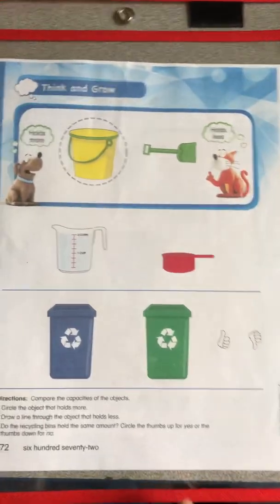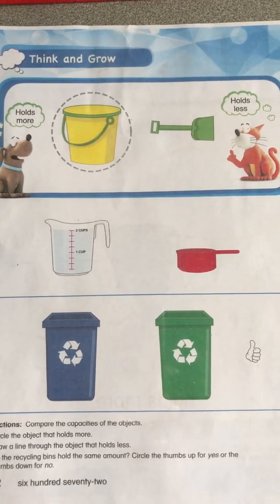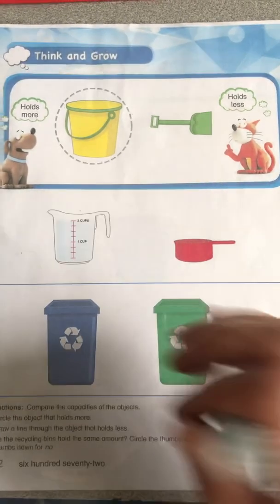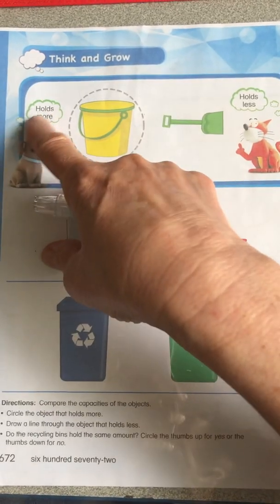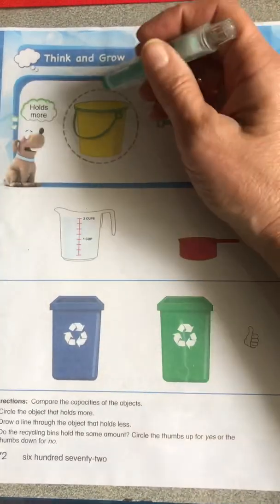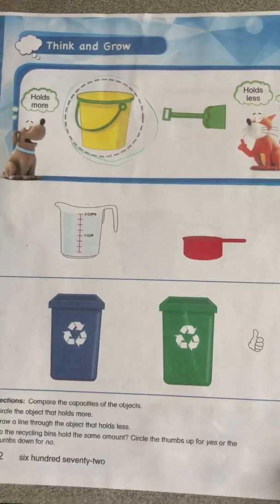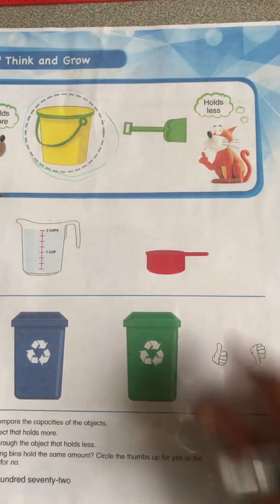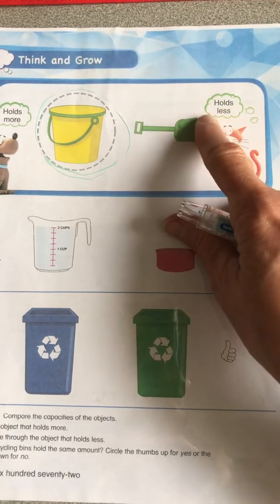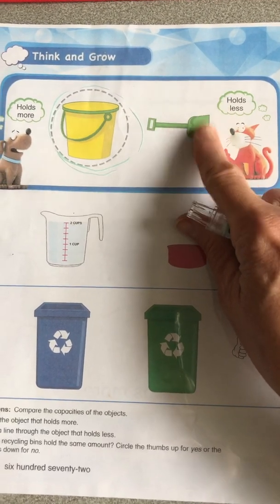Take a look at Newton and Descartes, and Newton is saying, my yellow bucket holds more. So he circled the bucket. It holds more, okay? And here is Descartes, and he is thinking his shovel would hold less.